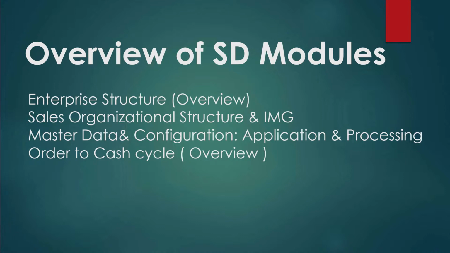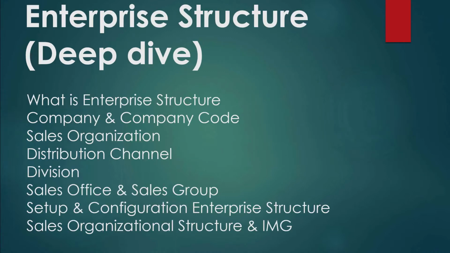And finally, in section 2, I will also go through the order to cash cycle, which is also known as the O2C process. Here, I will take you to the actual SAP transaction and show the entire process. And this will be very exciting, because I am already excited.